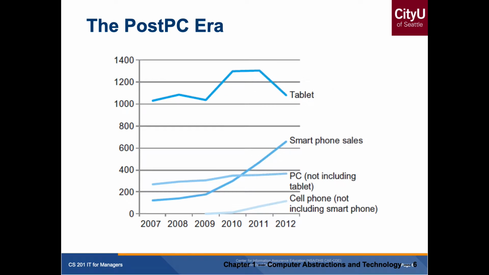Post-PC era, tablet. It was one of the fads, but again, it's not really that good of a use case. I mean, it did become popular, right? But not so much. And this is around 2012. Smartphone sales went up, and they're still steadily going up because they became more and more powerful.